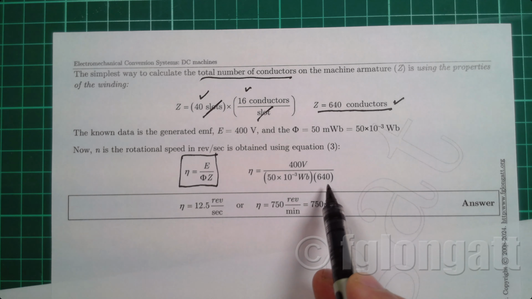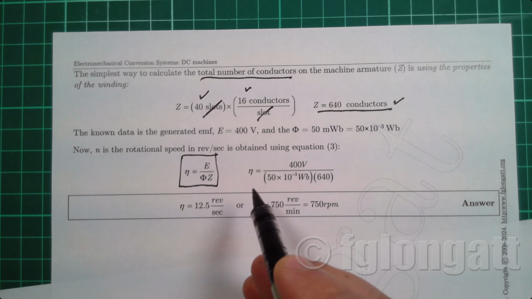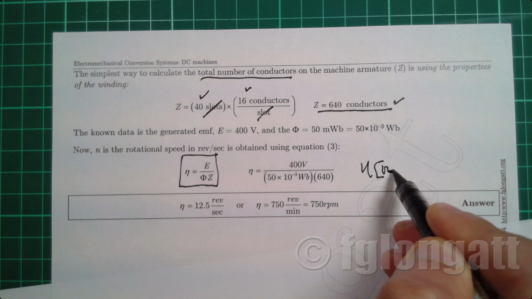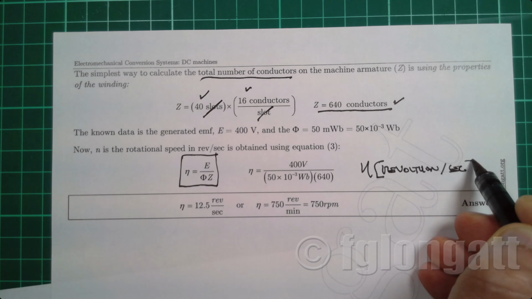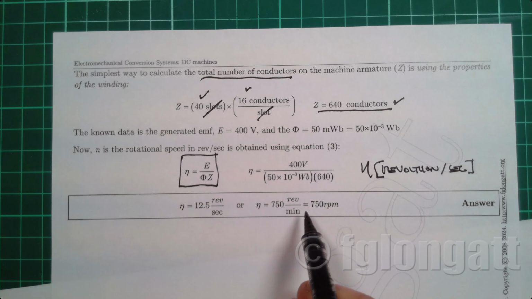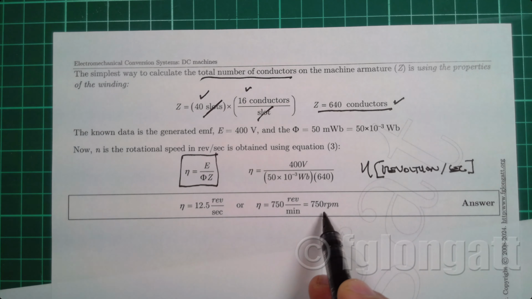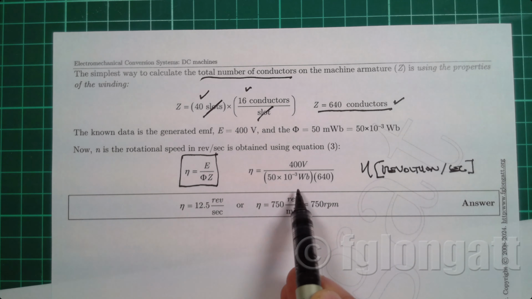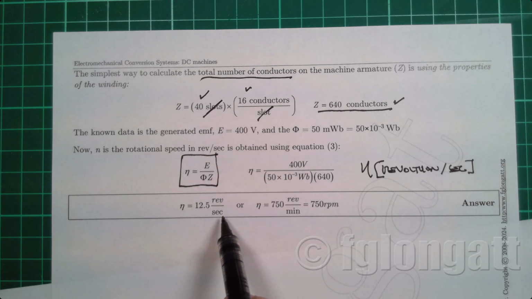640 conductors. You need to be careful, because if you remember, the unit from that equation is revolutions per second, and the question in this problem is asked in RPM. When we put the numbers inside this equation, we obtain 12.5 revolutions per second.